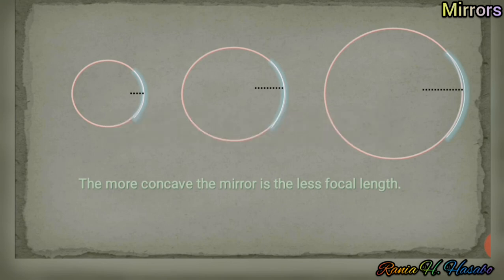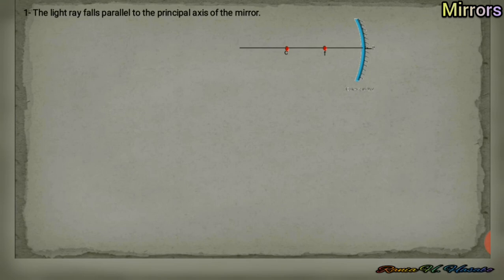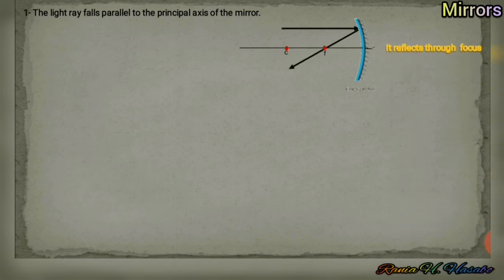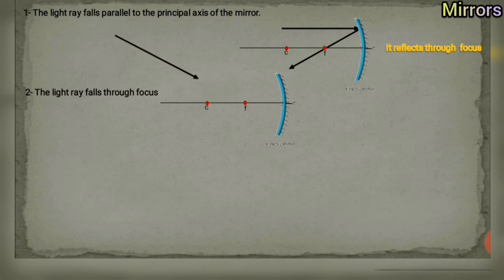We have three rules to determine the direction of the reflected light ray incident on the concave mirror. Number one, if the path of the incident light ray is parallel to the principal axis, it reflects passing through the focus. Number two, if the path of the incident light ray passes through the focus, it reflects parallel to the principal axis.